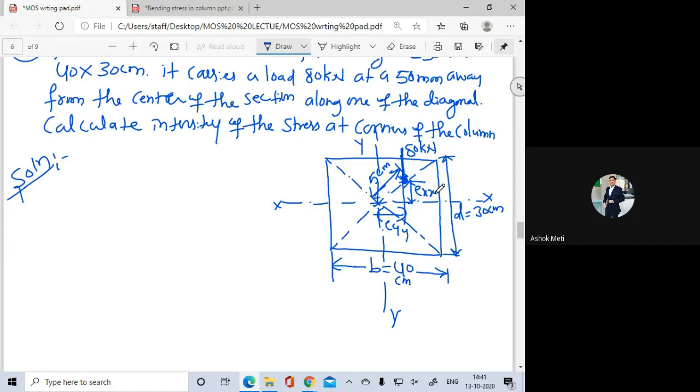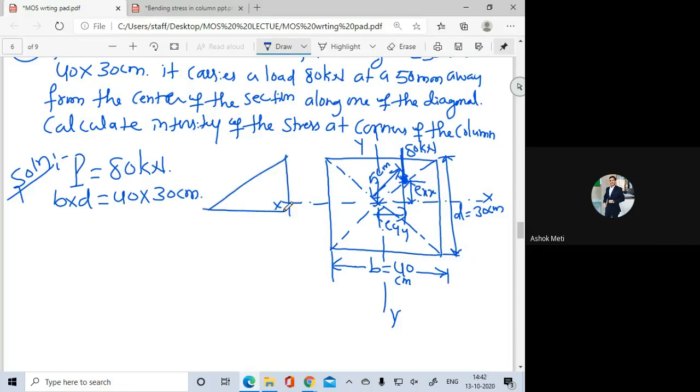Here only P is given, that is the eccentric loading, and next, the section is given, that is B into D, 40 into 30 centimeter. Now I want to calculate this angle, because if I consider it separately, there will be a triangle.